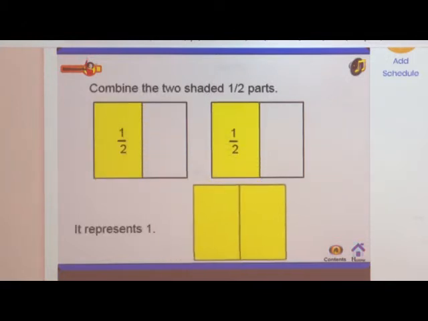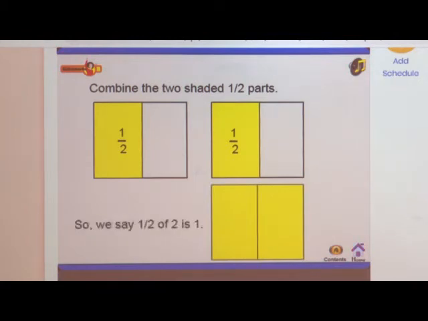It represents 1. So, we can say half of 2 is 1. We can also write it as 1 by 2 multiplied by 2 is equal to 1. Thus, 1 by 2 of 2 is equal to 1 by 2 multiplied by 2, that is 1.